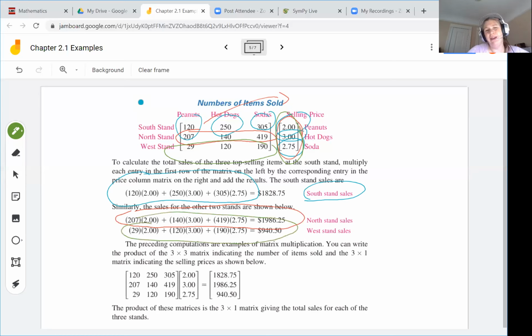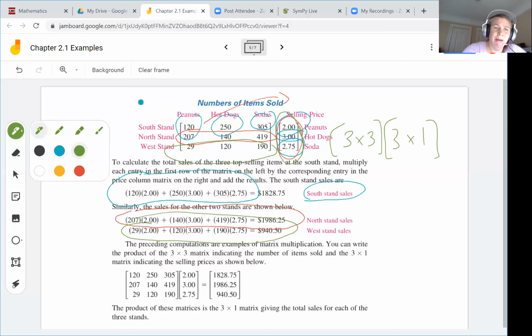So what did they have to have in common for this to work? Well, the number of columns in our first matrix had to equal the number of rows in the second matrix. So our first matrix here was a 3x3 matrix, and we were able to multiply that by a 3x1 matrix.